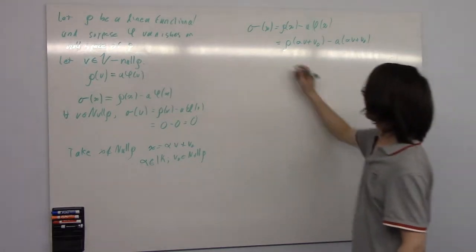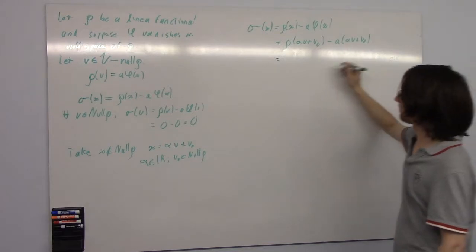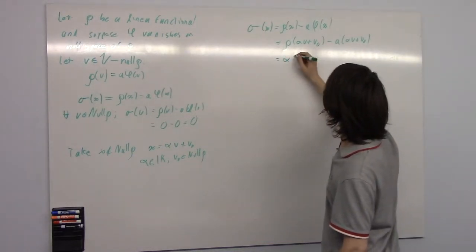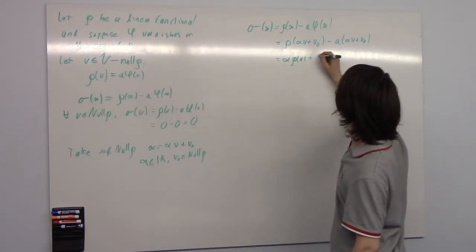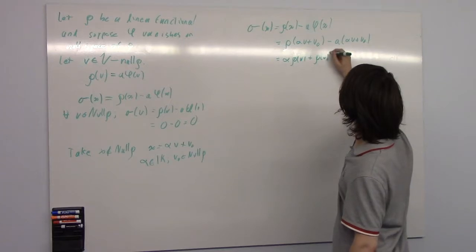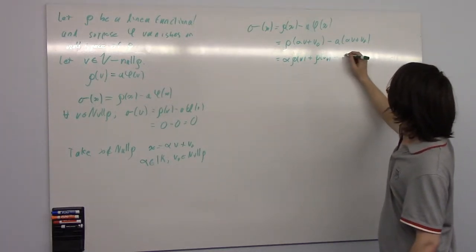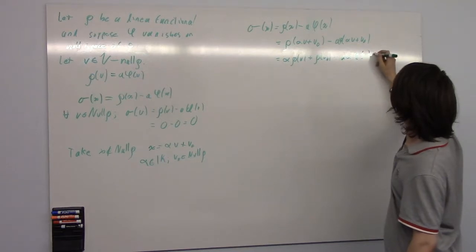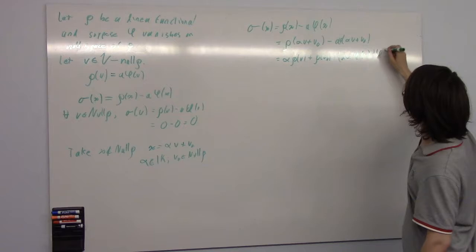Okay. This equals, now these are linear functionals, alpha rho v plus rho v naught minus a alpha phi v plus phi v naught.